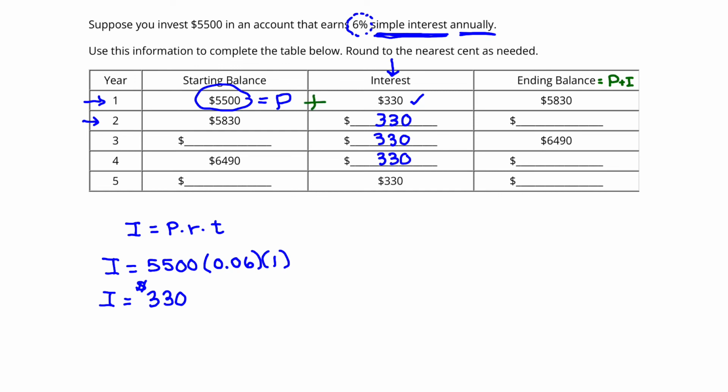In other words, we're going to add that first column amount to our second column amount, and that gives us the third column amount. Check and see if you take $5,500 and add to it $330, you should get $5,830.